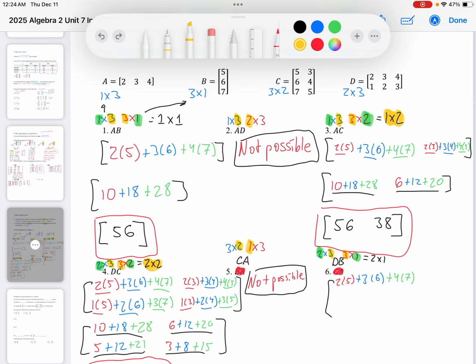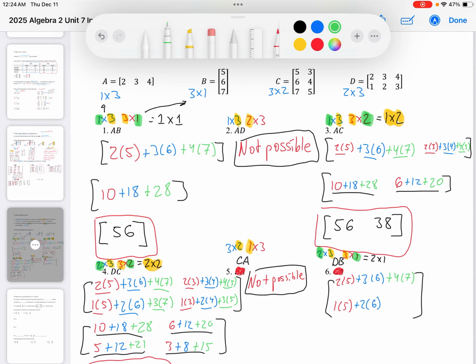Then for the next entry here on our matrix, we are going to be taking the numbers from the second row of matrix D times these numbers in the column for matrix B. So we would start with the 1 from matrix D times the 5 from matrix B. 1 times 5 plus the 2, the second number in the second row, times the 6 from matrix B. So plus 2 times 6.